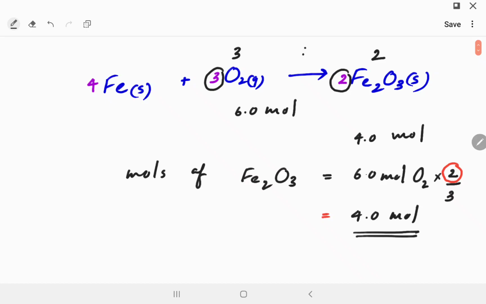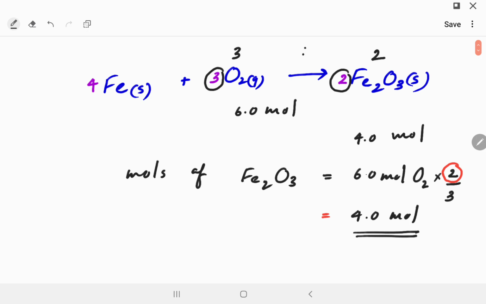From the stoichiometric ratio between oxygen and iron oxide. Which means if you use twice as much oxygen, you should get twice as much iron 3 oxide. So if you use 3 moles, you are getting 2. If you use 6 moles, you are getting 4. That is one way to understand it.